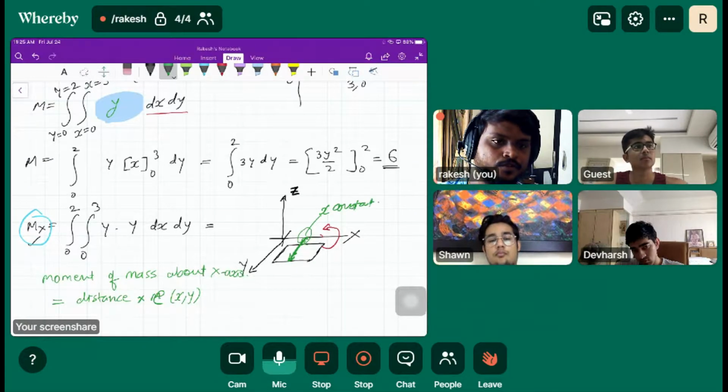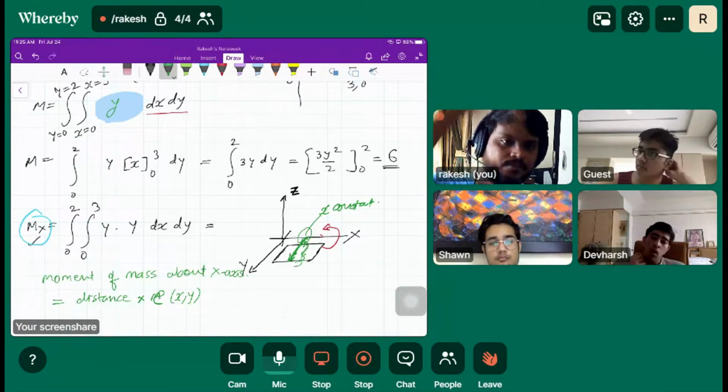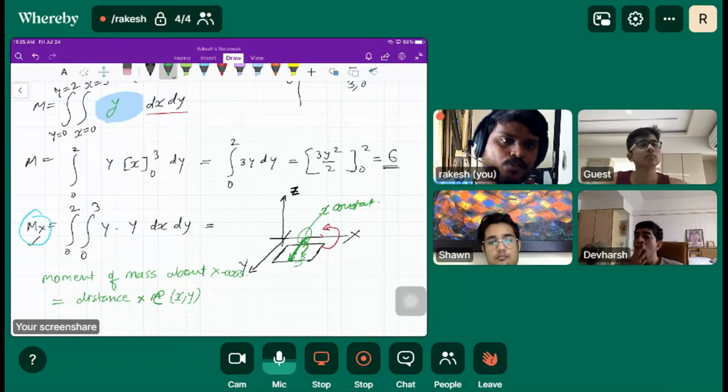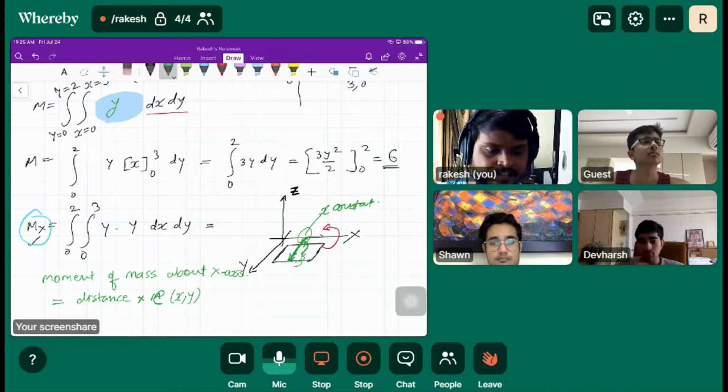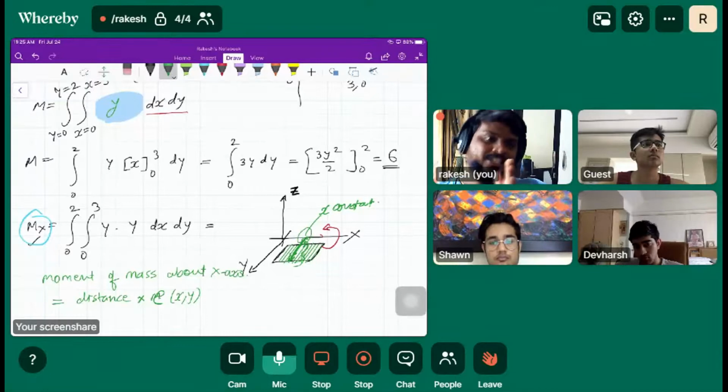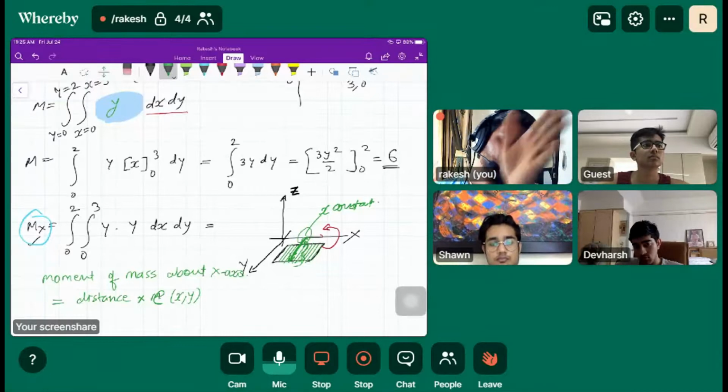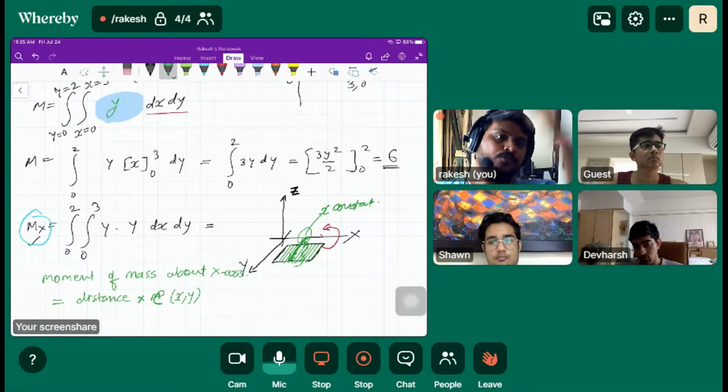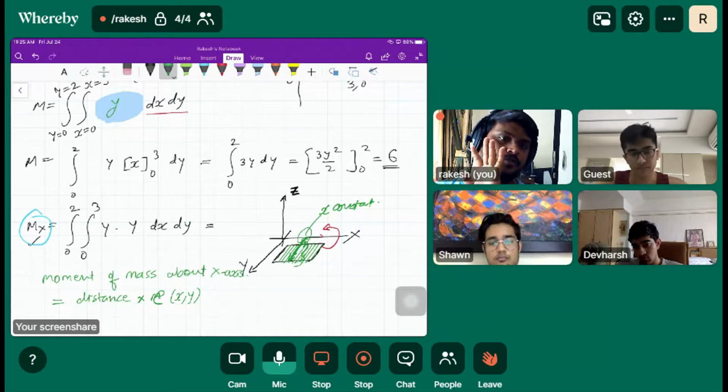So basically y varies along the y direction, right? If you integrate the whole line altogether, each line has x value constant but y varies, and you rotate. So what is the moment of mass? Distance into rho x comma y.